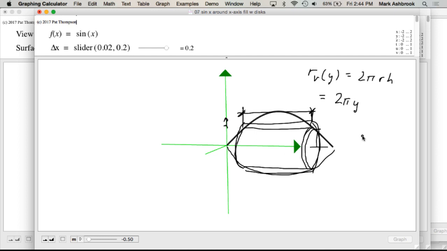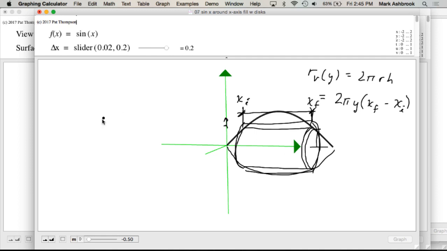So do you see that height is now a change in x? It's a large change in x. So how do we calculate a change in x? A big change in x would be x final minus x initial. So this would be x final here, and this would be x initial. But we need to get those in terms of y.